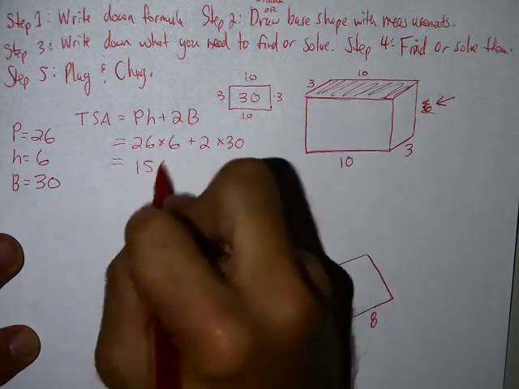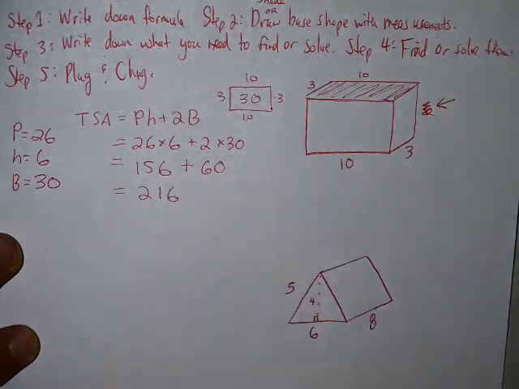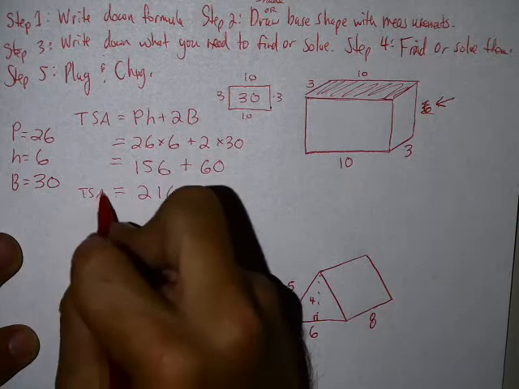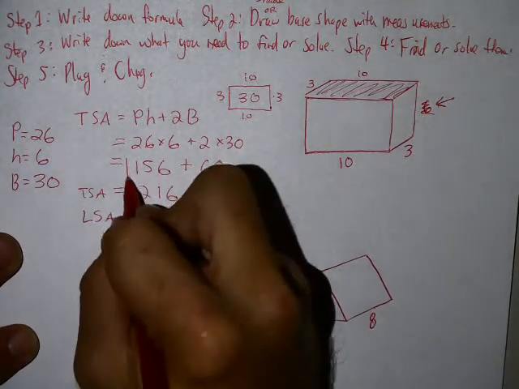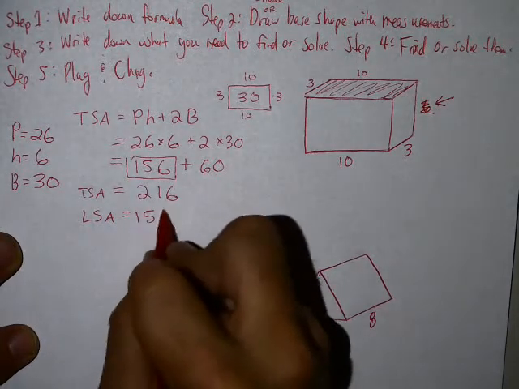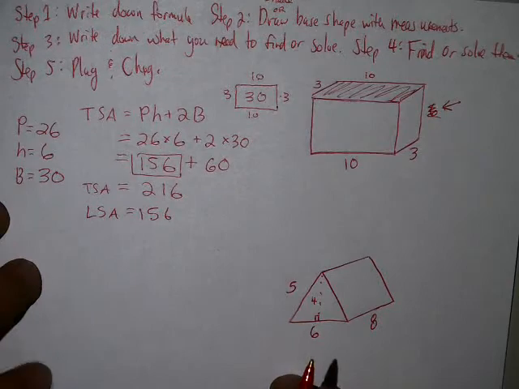And I just fill in my work. 156 plus 60 gives me a total surface area of 216. And if I was supposed to have done the lateral surface area, remember that's just this first half of the problem, so 156. Okay, and that was for a rectangular prism.